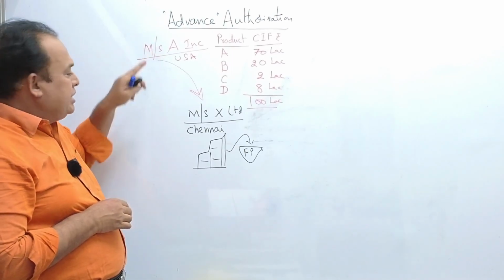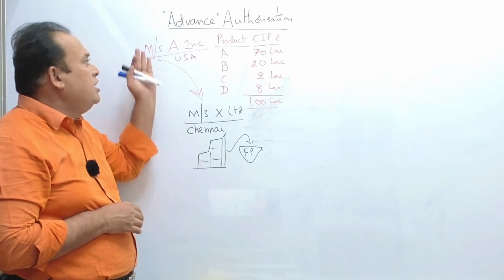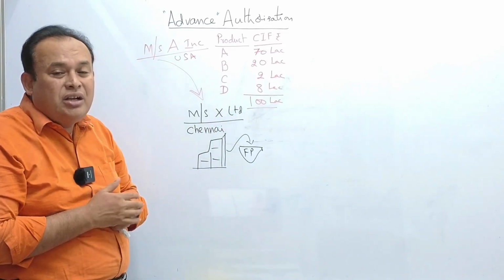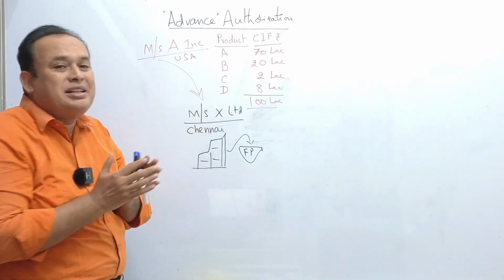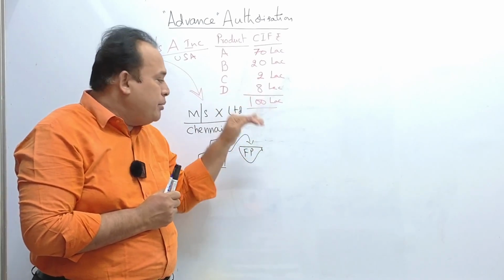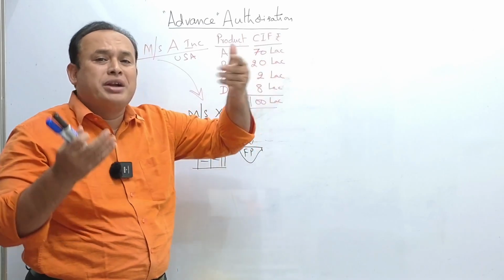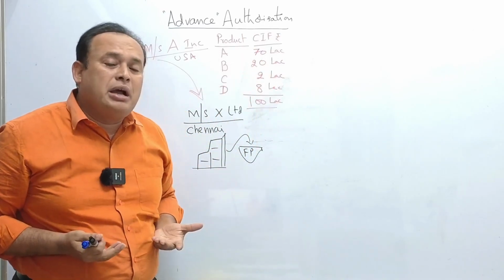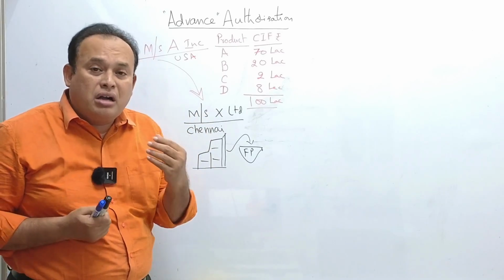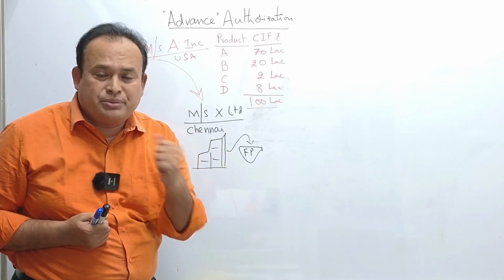From A Incorporation, X Limited, Chennai, being a manufacturer, is importing the raw material, and there will be duty. Now X Limited asks the government: if I pay the duty on this import, and after manufacture tomorrow I export the goods, I claim back the duty drawback. In the meantime, my duty amount is locked in the hands of the Department of Customs.